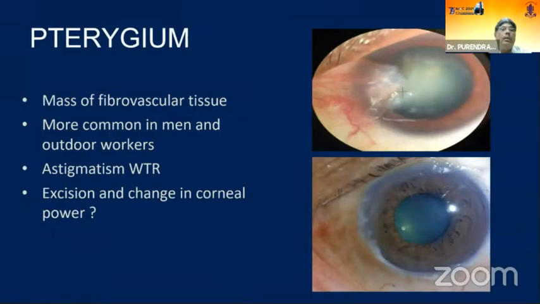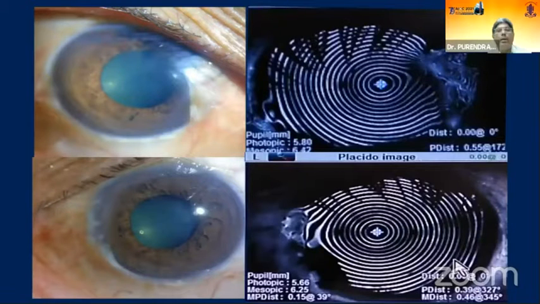Coming to another common problem, which is pterygium, which we commonly see. If you manage the pterygium beforehand, remove it, do the surgery, and 1 to 3 months post-surgery, you can perform the cataract surgery.